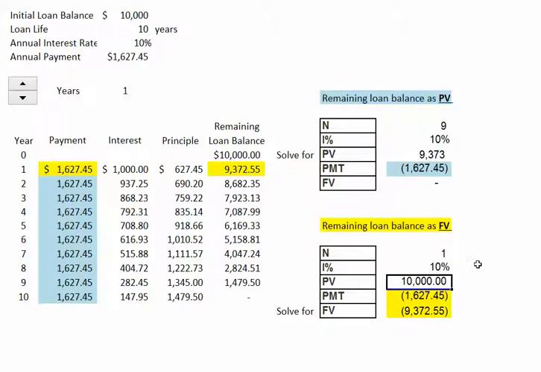Our beginning loan balance was $10,000. We had made 1 payment of $1,627. And so that means that the future value would be $9,372. The year 2 balance can be calculated as the present value of 8 remaining payments.